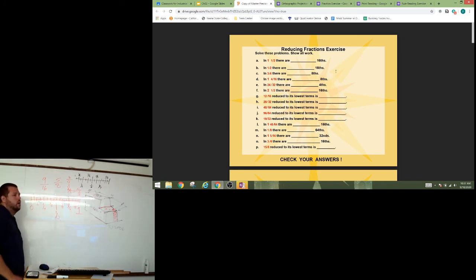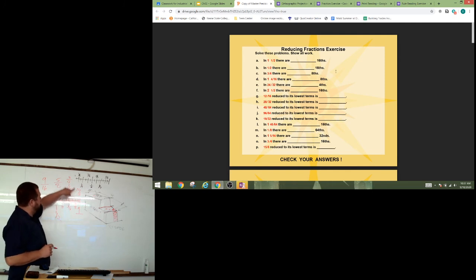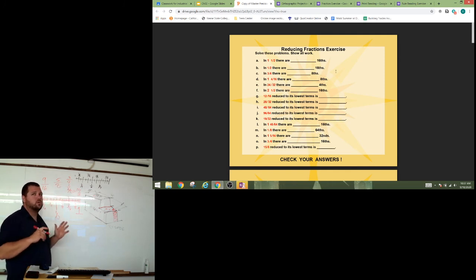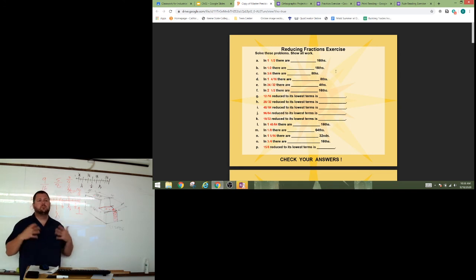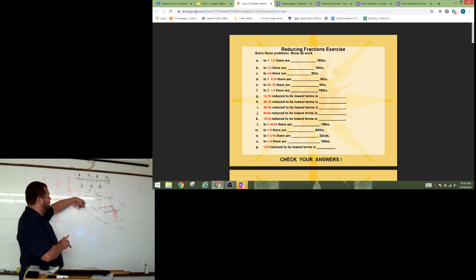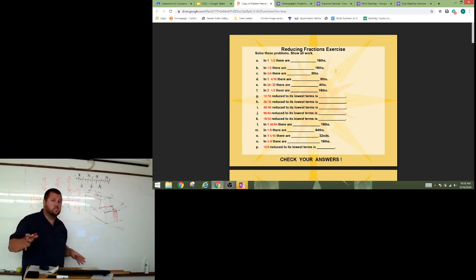The reason why I'm showing you this is that what we're always looking for is the simplest terms, or lowest form. So if we have 12/16, or even 32nds or 64ths, we start looking for what's called the lowest common factor, the number that will go into both the numerator and denominator. We're not dividing the fraction into smaller pieces.